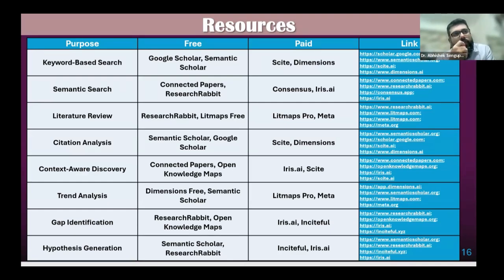So what happens when you finally write a paper, you send it for plagiarism check, and the most reliable AI detector for plagiarism is Turnitin.